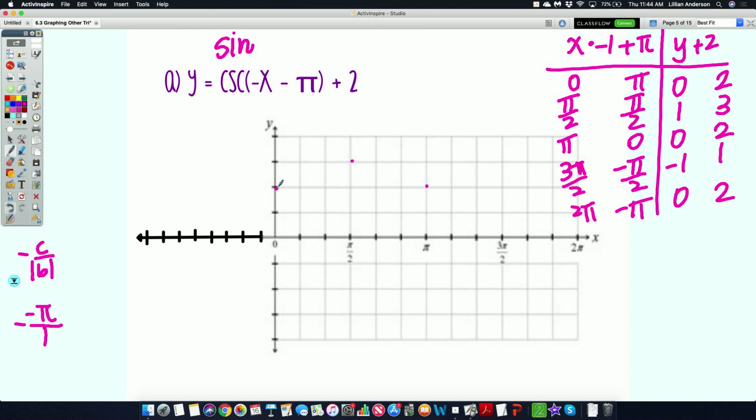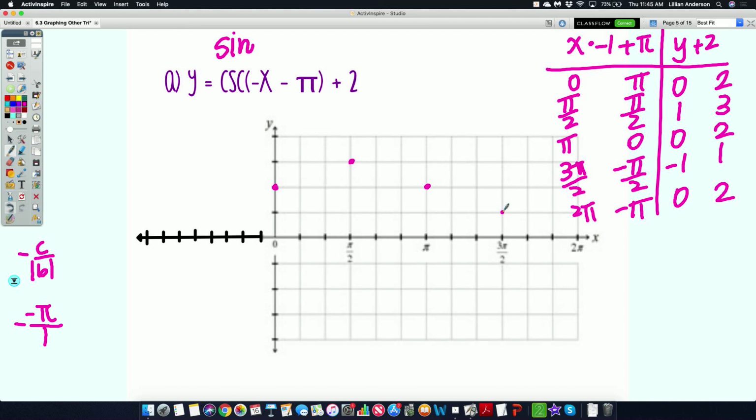But look at how these points are spaced out. Look at the pattern going up. The next y value after this point, going to the right, would be 1. And where would it occur? At 3 pi over 2. Remember, these are sinusoidal functions, so everything is spaced out equally.